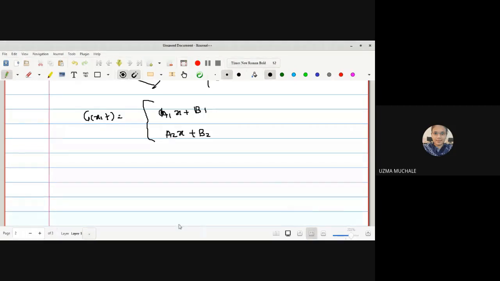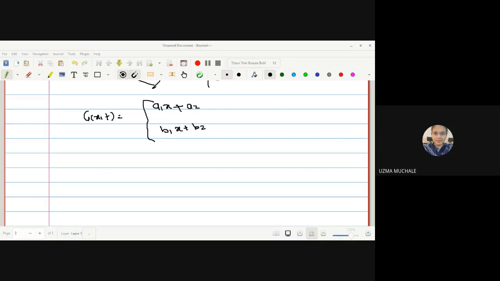Let me write down this as a1, a2 and b1, b2. As it is there in your note, so that's why I'm using the same notations a1, a2 and b1, b2.